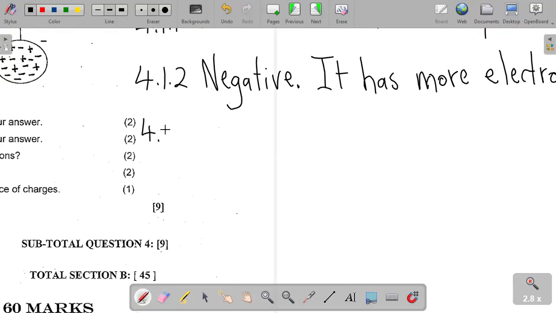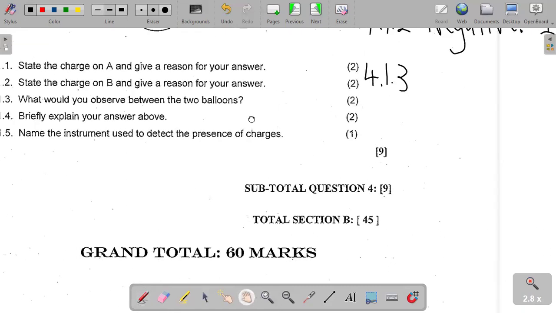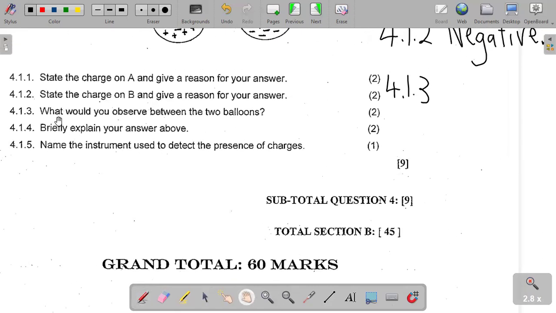Then 4.1.3: What would you observe between the two balloons?